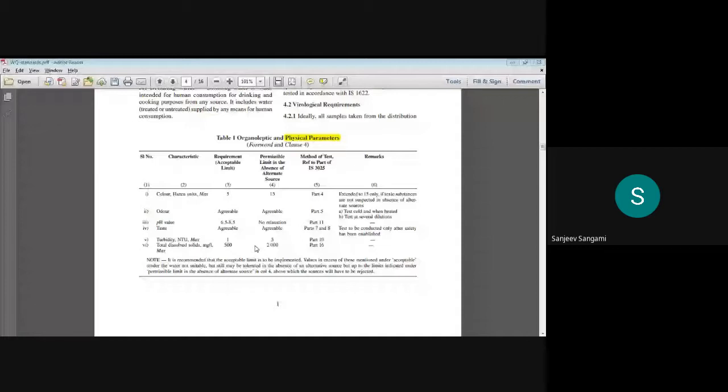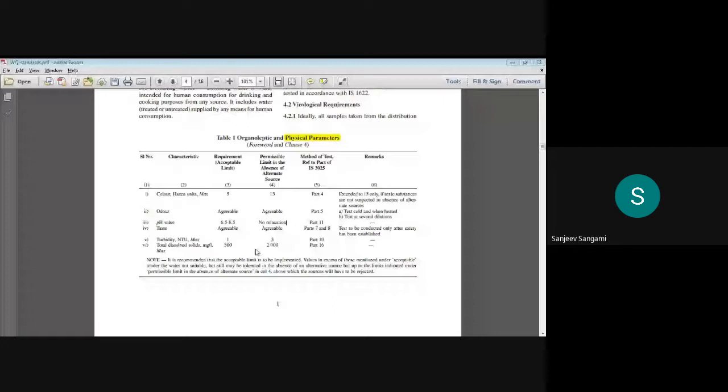But if you go to the old IS code of this same standard, I'll supply that also. The code is IS 10500, 1991. Even if you observe that, you can see the relaxation in the pH value.